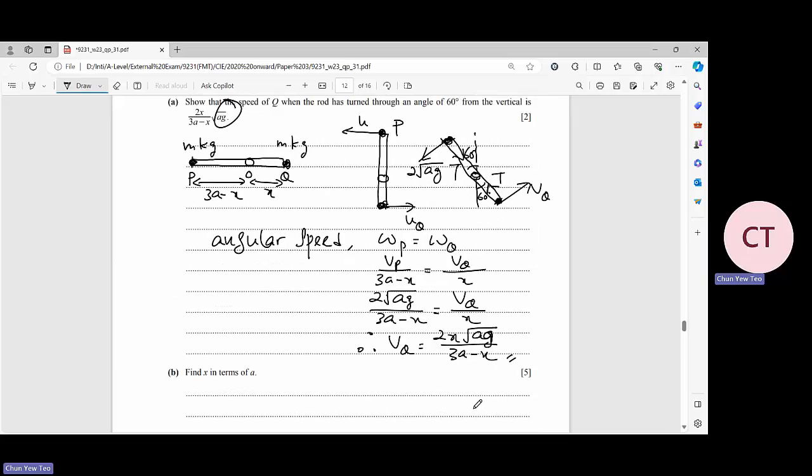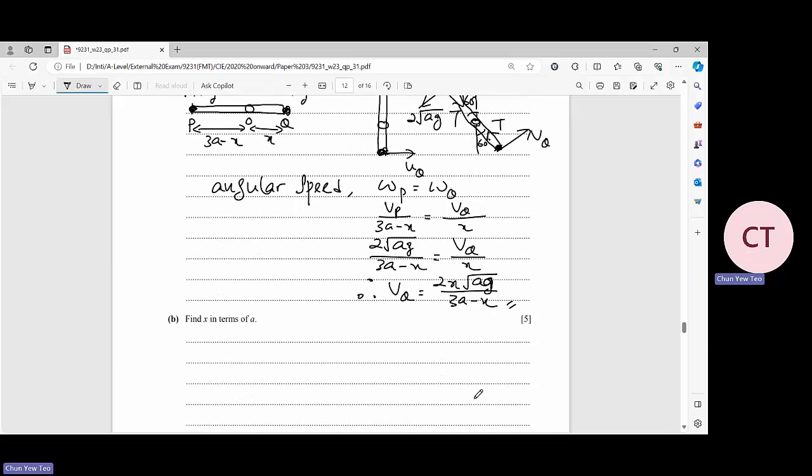So we consider the tension first. At Q, T minus mg cos 60 is equal to mVQ squared over x.